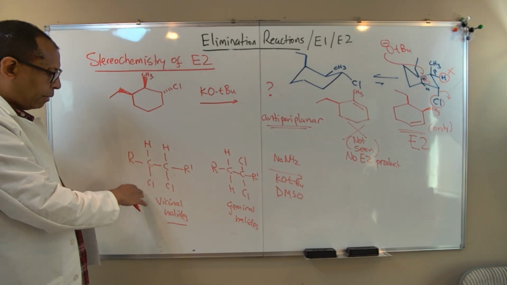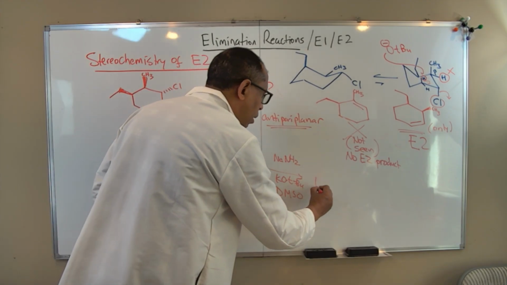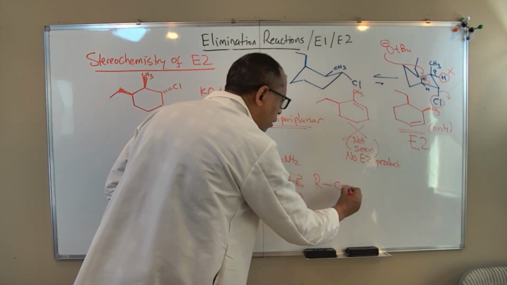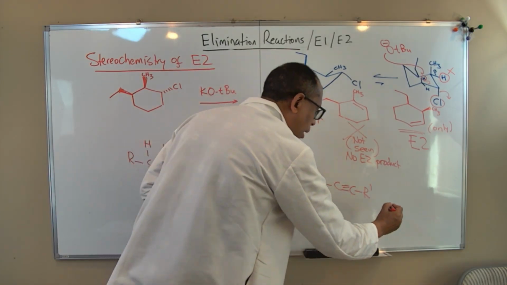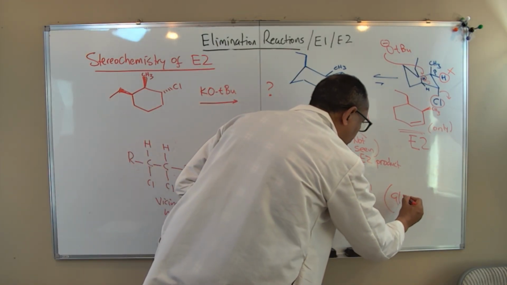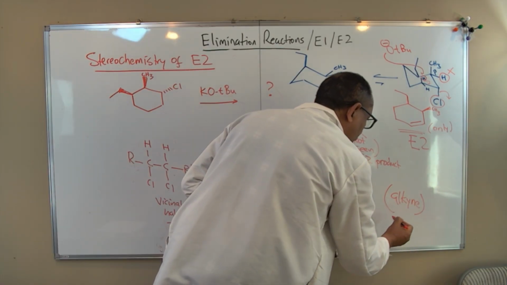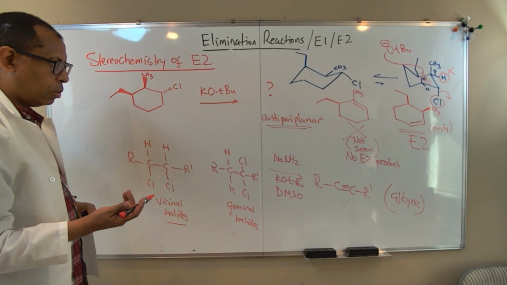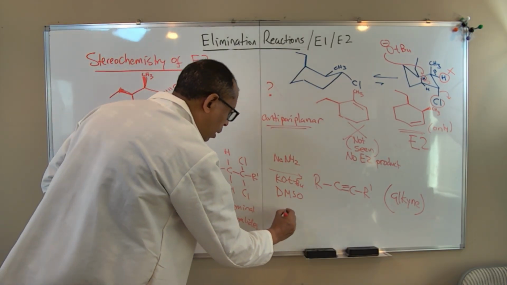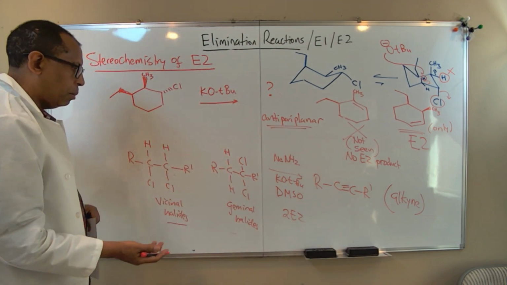If you have vicinal halides or geminal halides, you could generate a double elimination that forms an alkyne. Not an alkene, but two double bonds' worth, called an alkyne, a triple bond. An alkyne can be made by double elimination, two E2s.